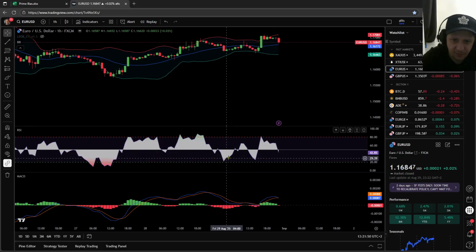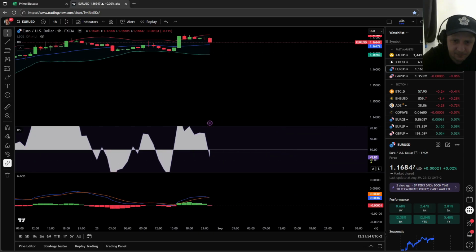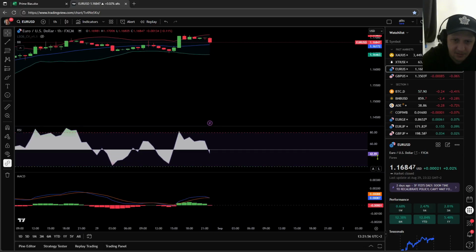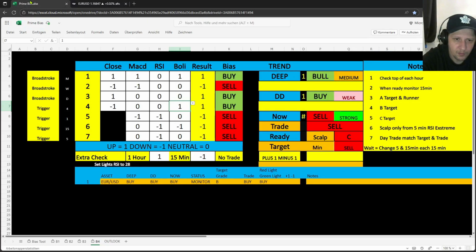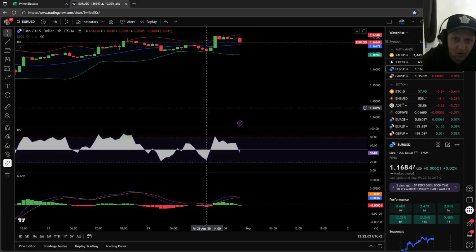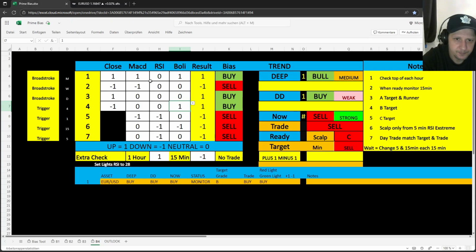If it crosses from down to up, it's a +1. So as you can see, it's down here. It's a -1. The RSI -1. And the Bolly is neutral, as you can see here.